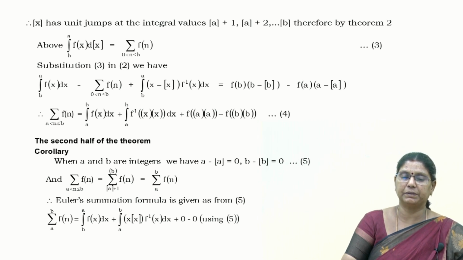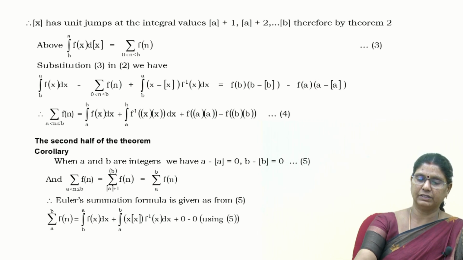Thus, the above expression will become the summation of f(n) equal to the integral from a to b of f(x) dx plus the integral from a to b of f'(x) dx plus f(a) minus f(b). Hence, this is the required Euler summation.